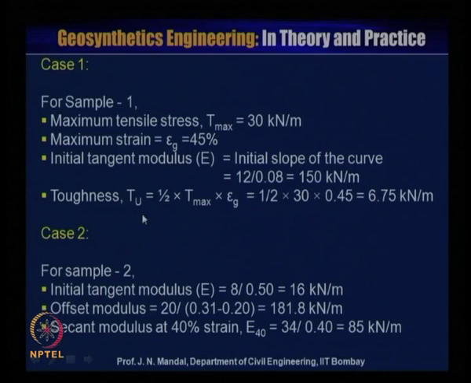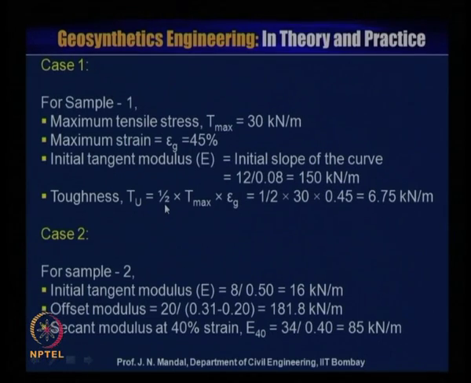Now, toughness, which is designated as Tu, is equal to half into T maximum into epsilon g. Toughness is equal to half into T maximum, which is 30, and epsilon g is 45%, that means 0.45.